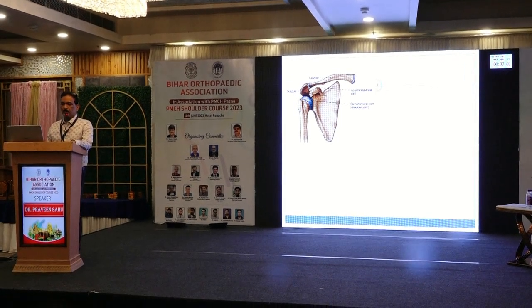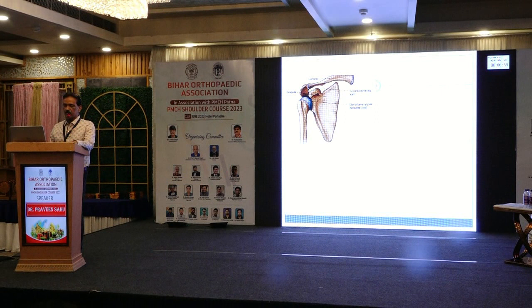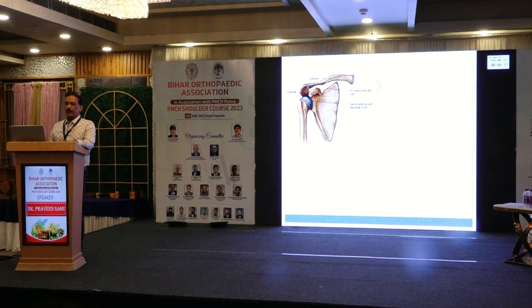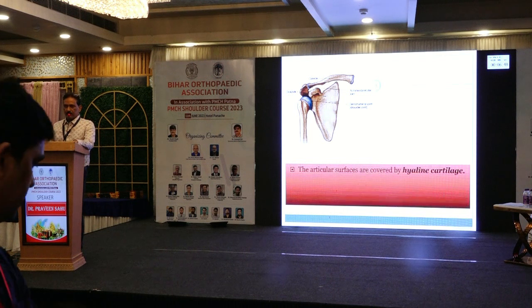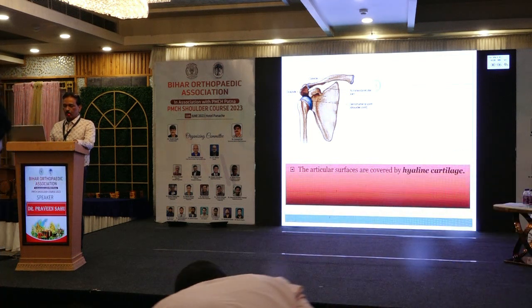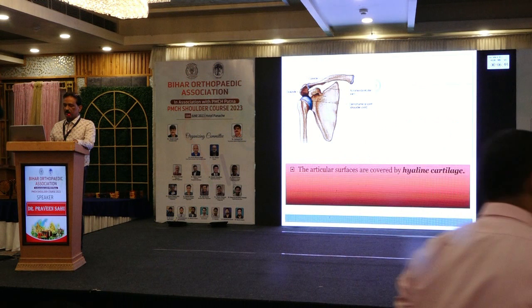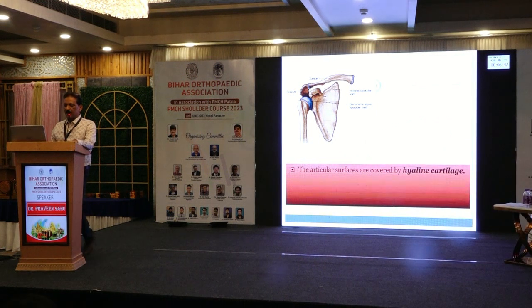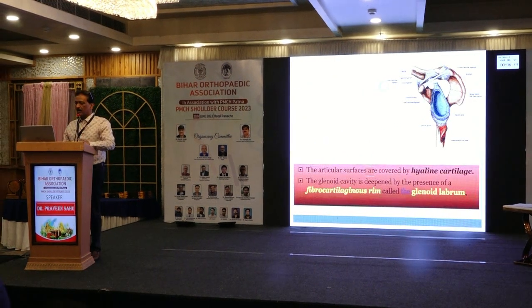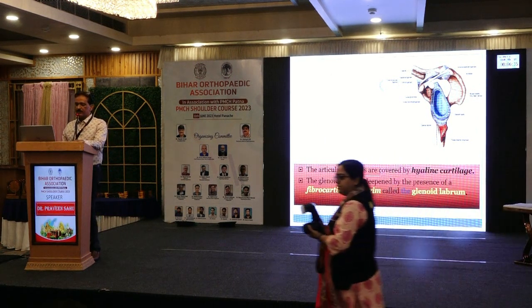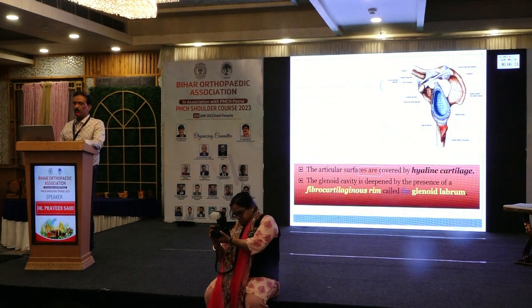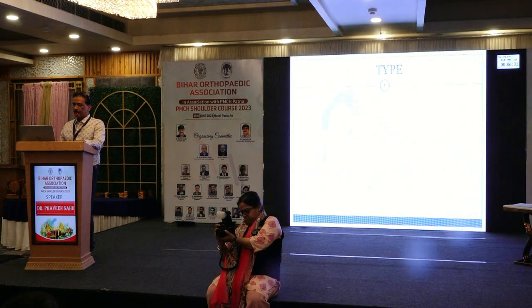Today we will speak about the anatomy of the shoulder joint, which is mostly the glenohumeral joint, supported above by the acromion, coracoid and coracoacromial arch. The articular surfaces are covered by hyaline cartilage, and the articular glenoid cavity is deepened by a fibrocartilaginous rim called the glenoid labrum.